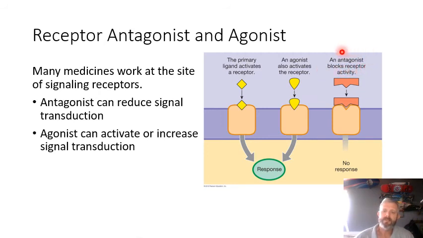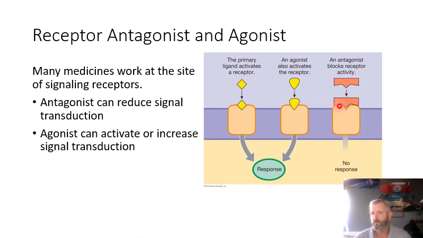And on the opposite end, an antagonist would block the receptor. If this antagonist is here, then the natural ligand cannot bind, and that prevents a response at the cells. From a neural standpoint, there are dopamine antagonists for schizophrenia drugs. Schizophrenics have hallucinations.